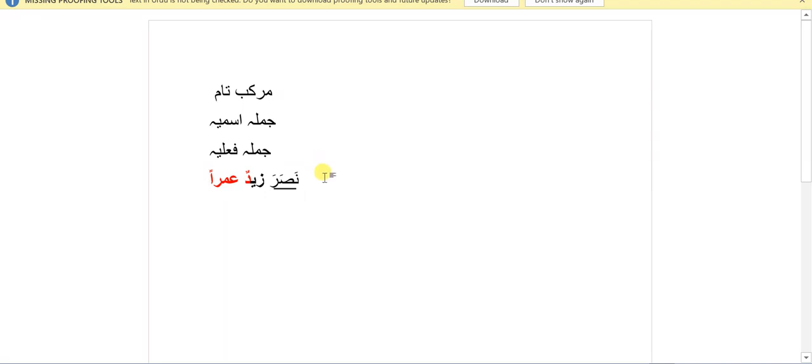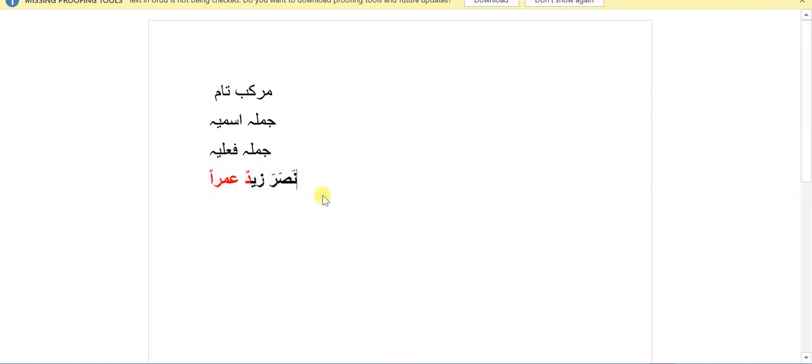For any jumla fa'liya sentence, it is the rule that the sentence will start with a fail and it has one fail and one fa'il at least. And if we add a maf'ul, it is additional. So this is jumla fa'liya. There are some rules for jumla fa'liya.